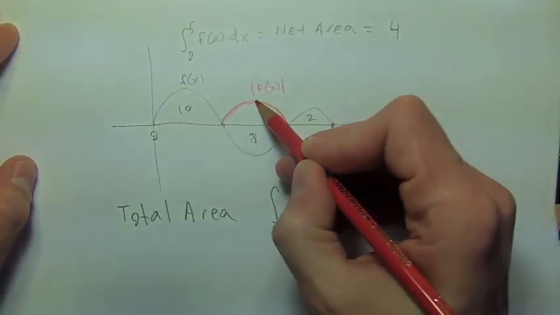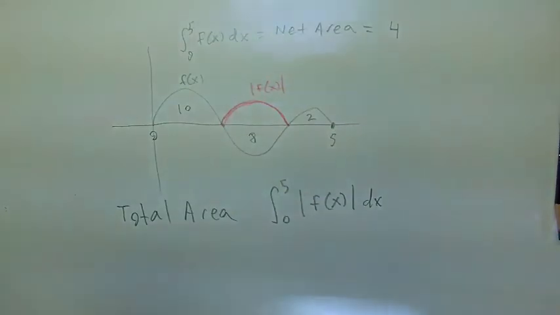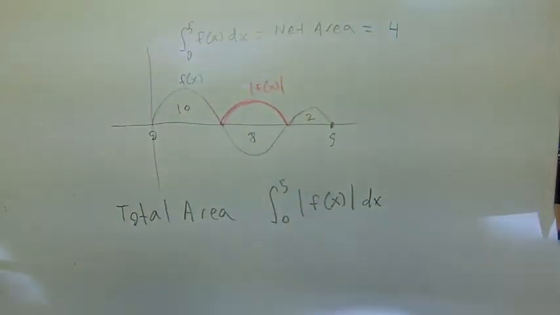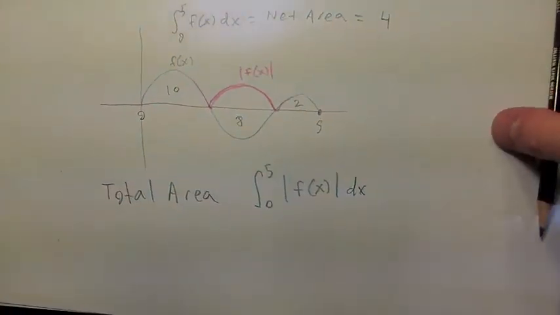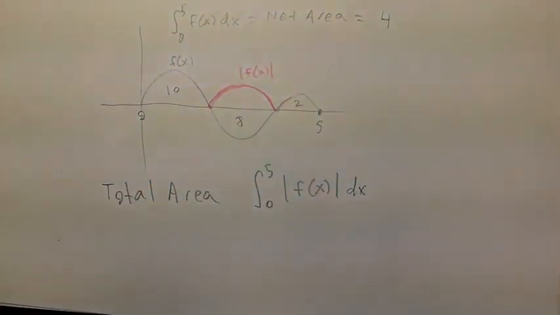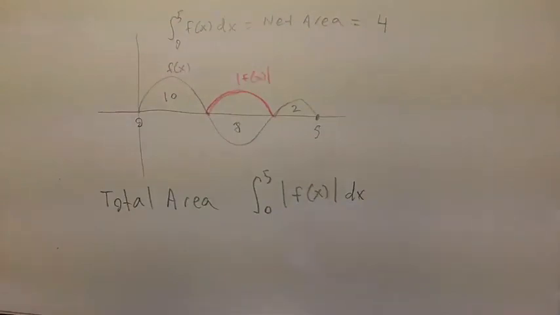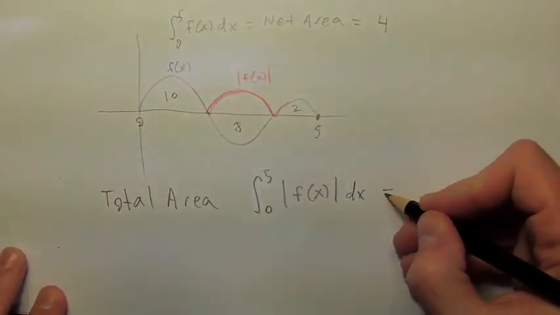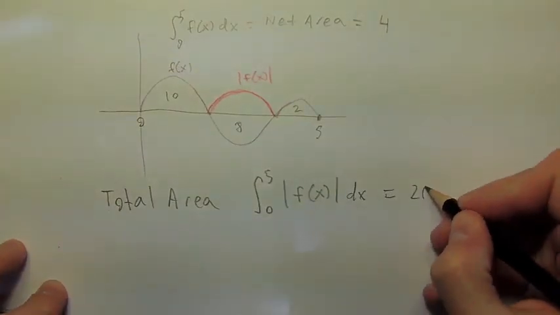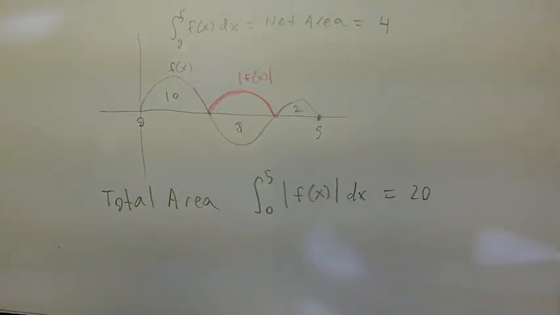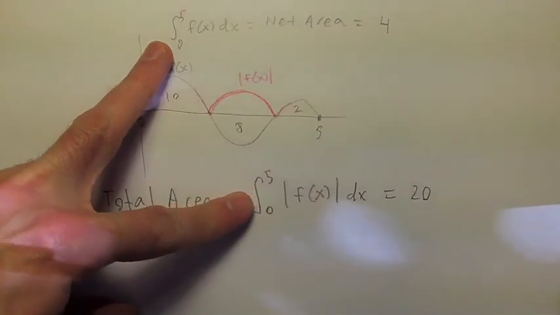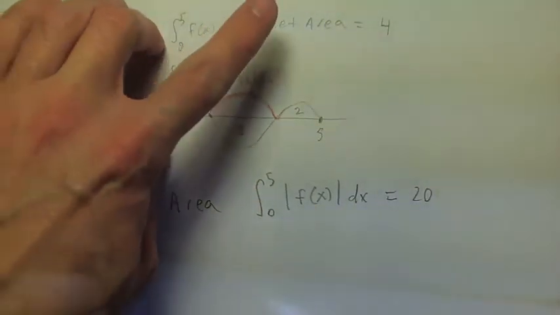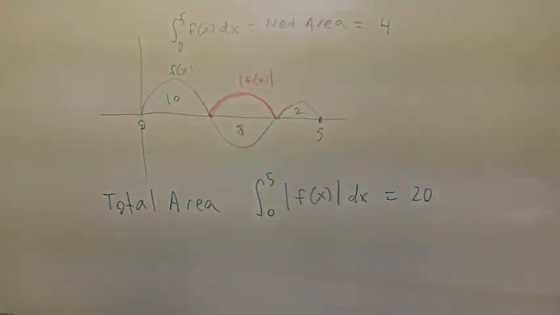I'm just bringing this up because this shows up quite a bit in Cal 2, especially early Cal 2, when you're looking at total distance traveled, right? So total area would be 10 plus 8 plus 2, which would be 20. So be very careful with which one they're asking for: absolute value, which is total area, or non-absolute value, which is net area and incorporates negatives.